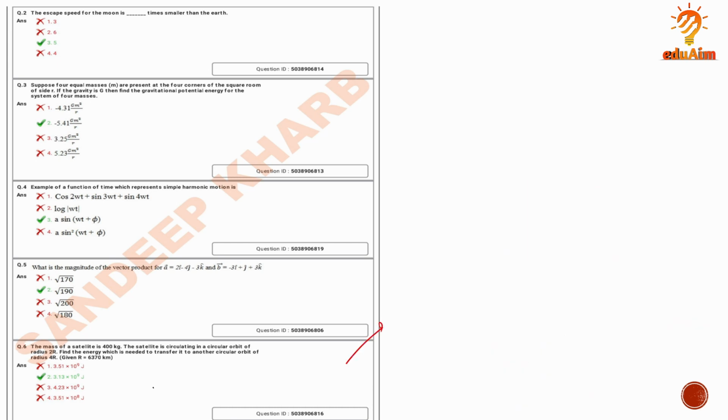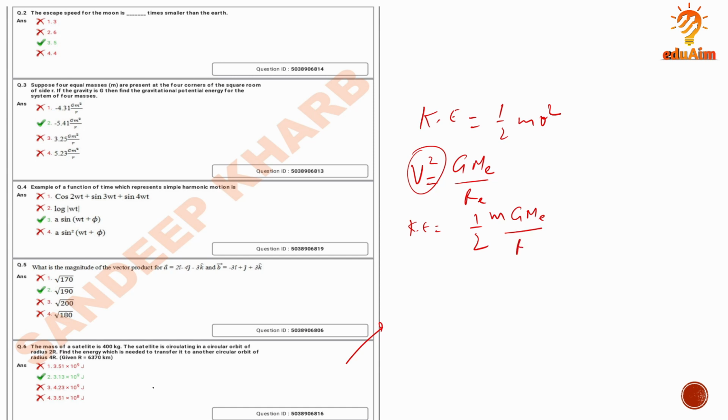We know the kinetic energy is 1/2 mv squared, and we know v squared is GMe by re. So substituting for v squared, the energy is 1 by 2 m GMe by re.